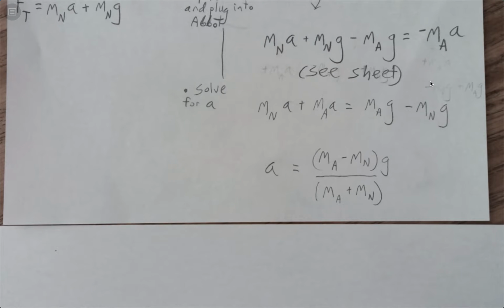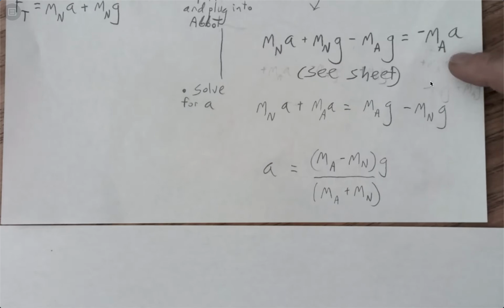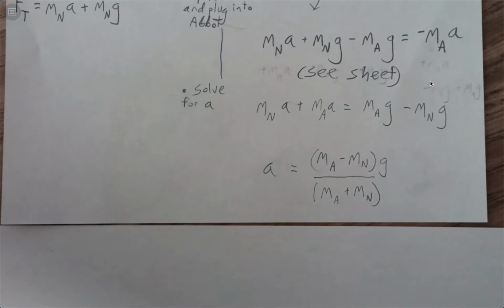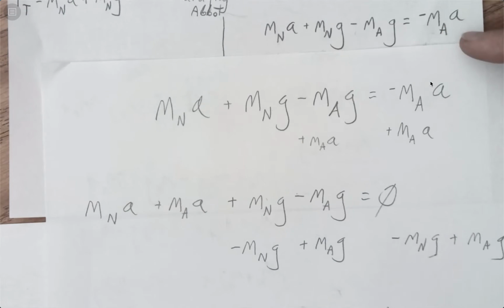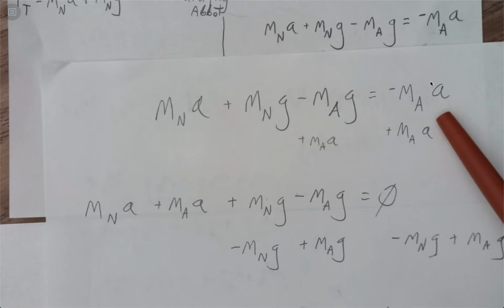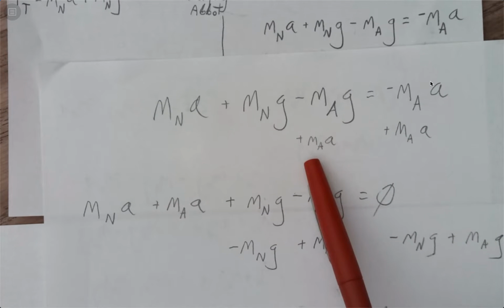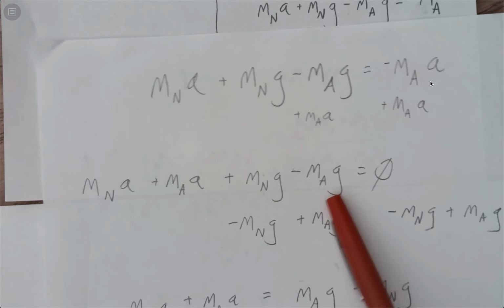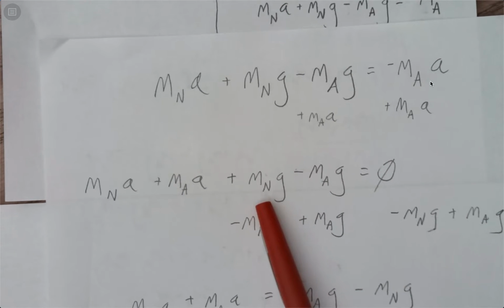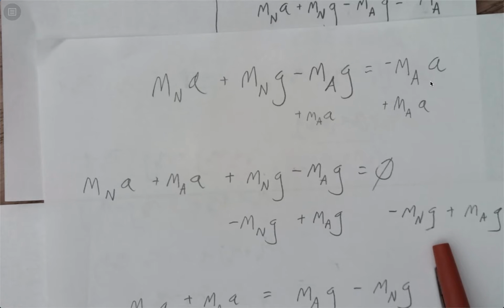Now, I do have this more drawn out, step-by-step process, because I know some of us might want to see how this acceleration gets to here. So on the sheet, I'm going to start with this expression right up top. If I just move this acceleration term to the other side, I add to both sides, and I'm left with what I have here. Then I'm going to take the g parts and move them to the other side.